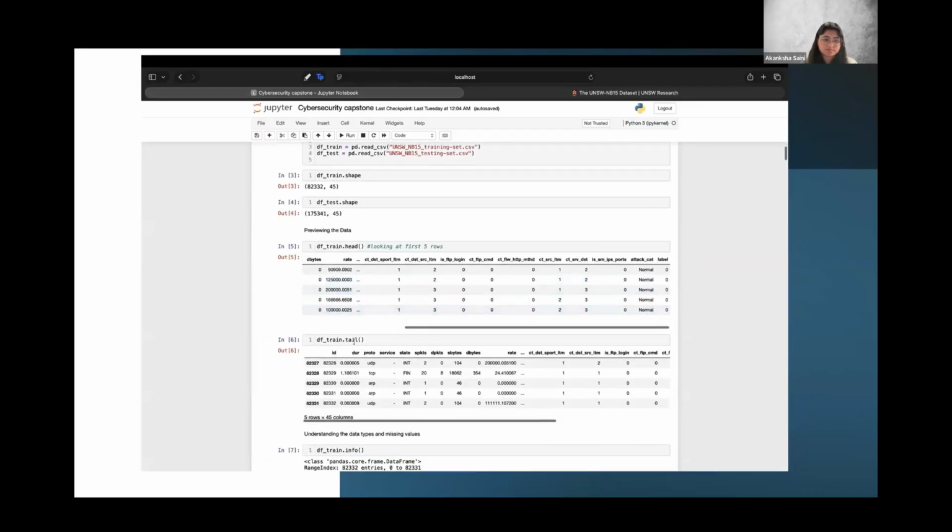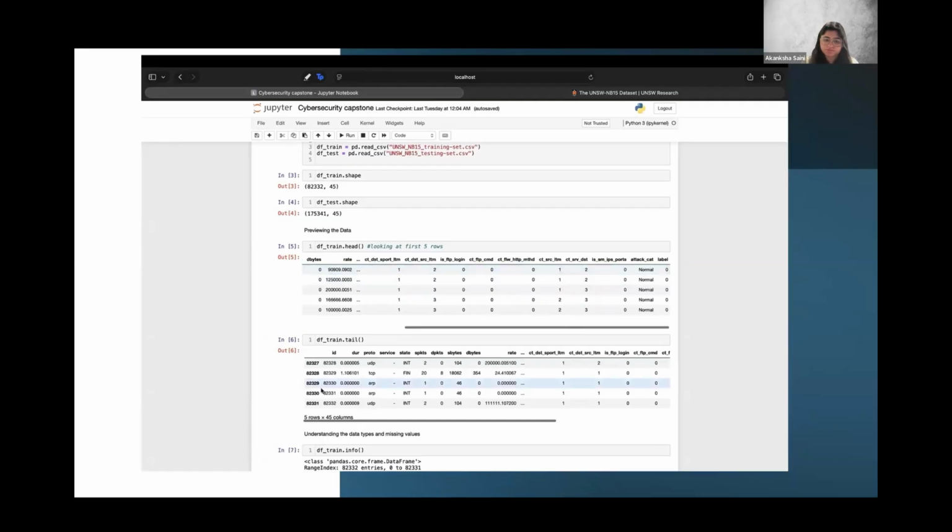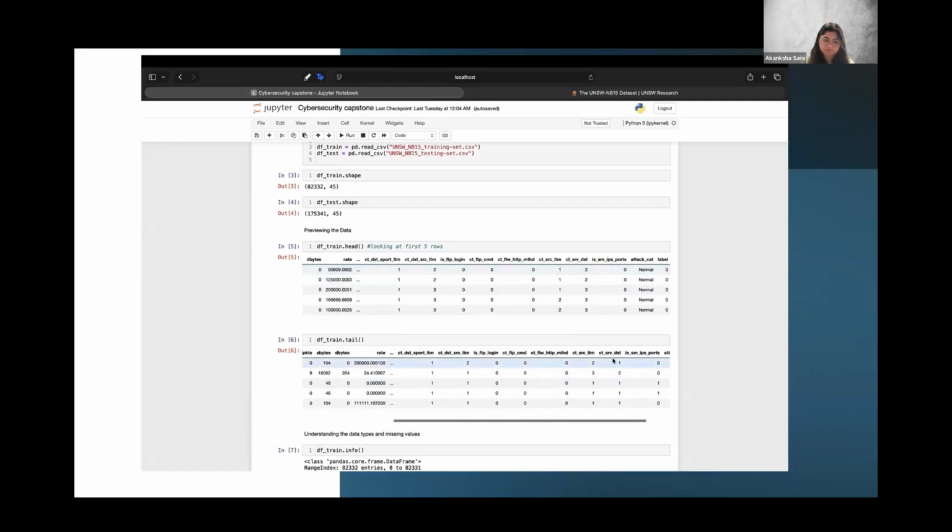Using the head and the tail command, we validated the structure. So each row represents a network connection with 45 distinct features ranging from basic protocols to deep inspection metrics.